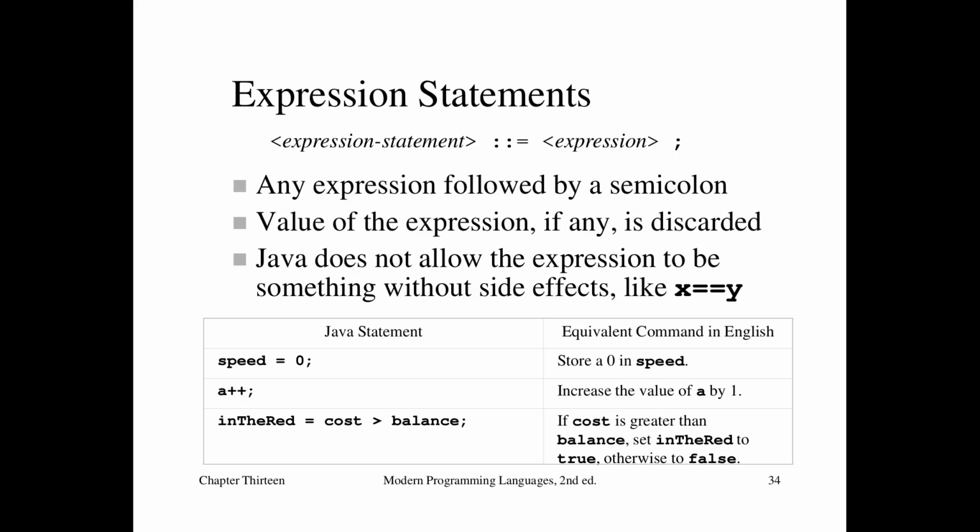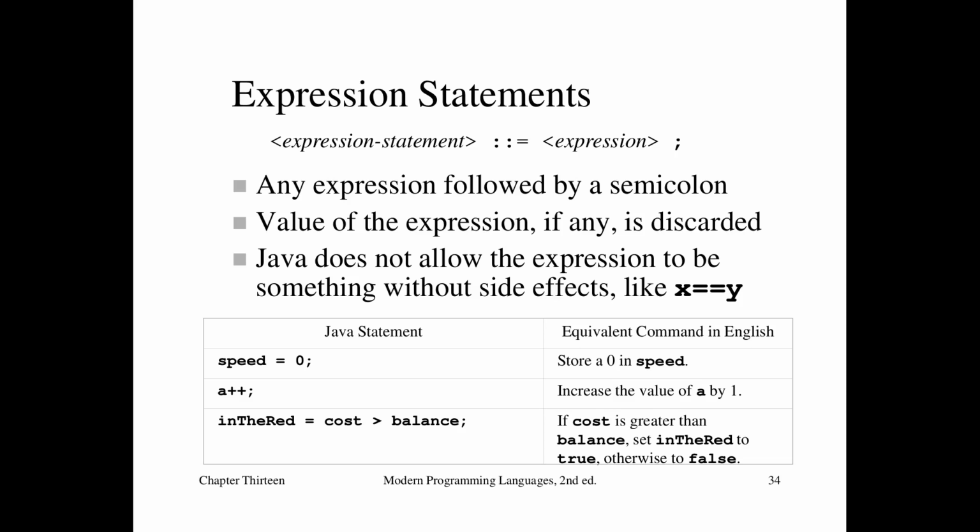For example, we have a++. That's technically an expression, but it has an assignment going on, as we talked about with the increment and decrement operators. We also have speed = 0. The value 0 is assigned to speed. I wouldn't really call this an expression statement; it's an assignment statement, but I guess we can call it that.